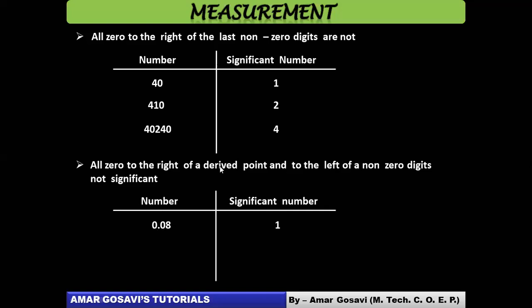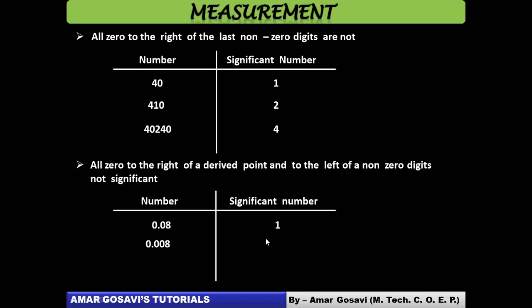Whatever is to the right of the decimal point, so you can see this 0 is non-significant. Obviously, this 0 is also non-significant, and therefore the significant number is only 1, and that is 8 in this case. That's what this rule says. Okay, let's talk about this. Anybody can unmute and tell me how many significant figures are involved here.